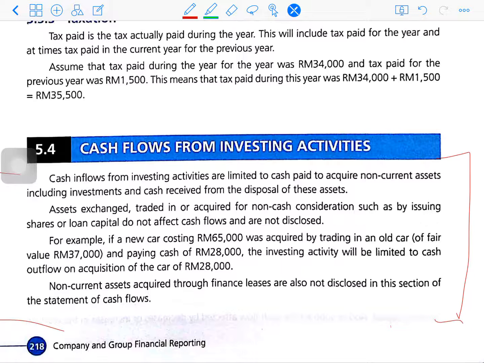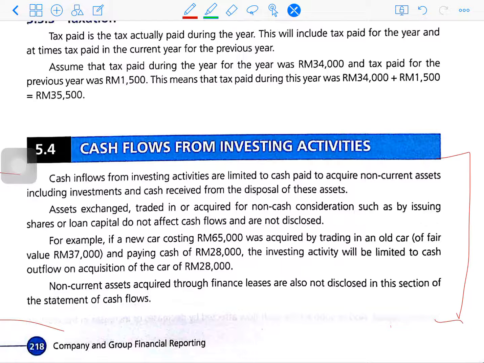So cash flow from investing activities is cash flows from investing in your non-current assets. Normally non-current assets such as property, plant and equipment, investments and so on. So normally money coming in or going out.